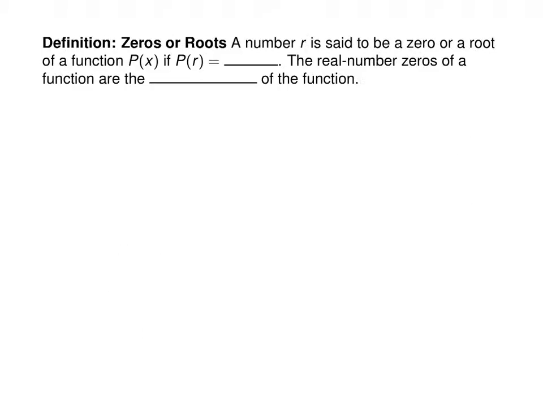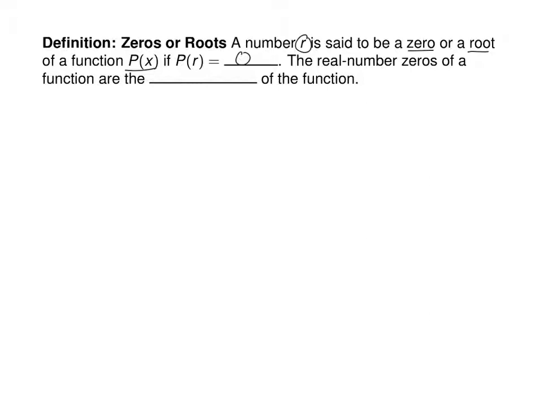Okay, so the first thing is a definition of what's meant by a zero or a root. A number r is said to be a zero or a root of a function. So what do you think? A number is a zero if you plug that number in and you get out 0. Most mathematical definitions make sense, right?